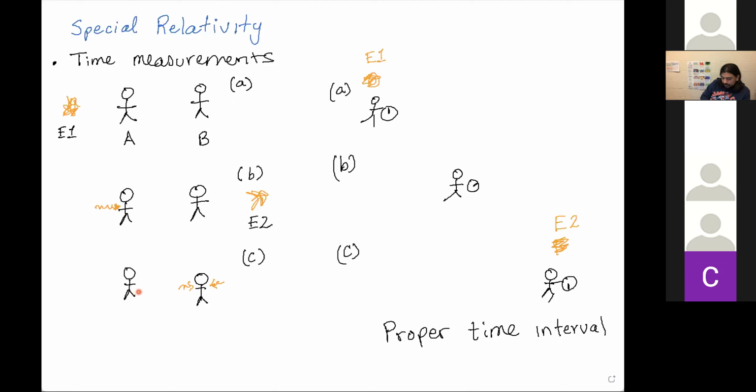So what is the time interval that is measured by B? 0, right? They're simultaneously E1 and E2. But the time interval that would be measured by A is not 1, but rather 2. And the time interval that would be measured if somebody was traveling from here to here would be how much? So this is the question for all of you.